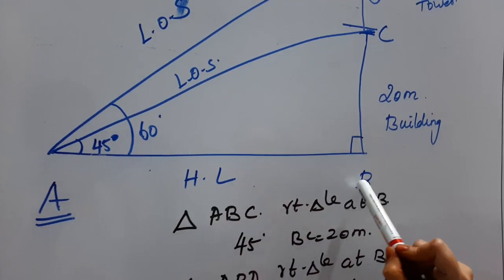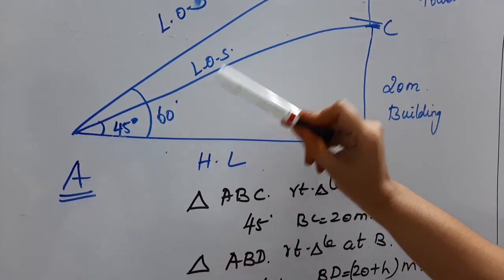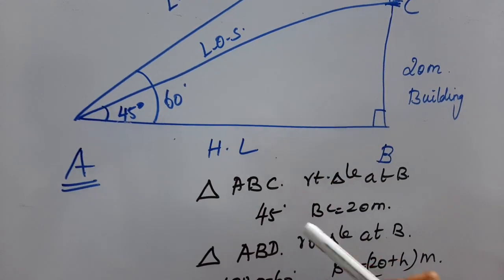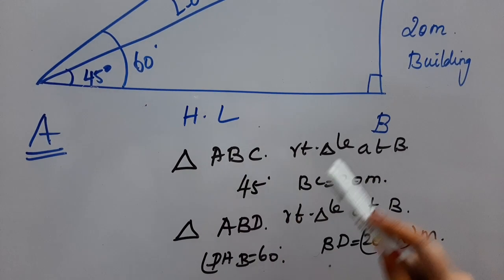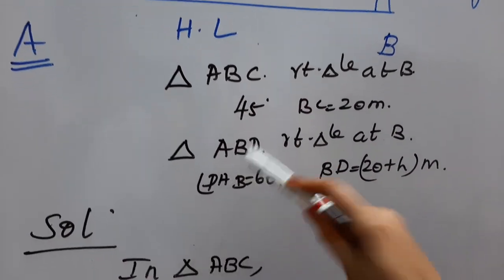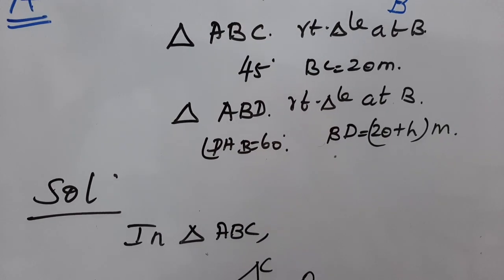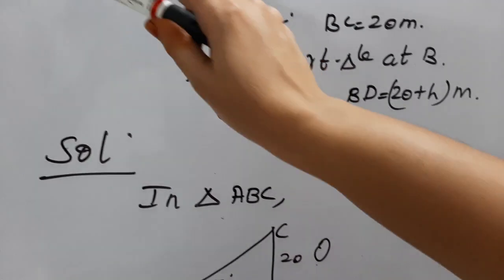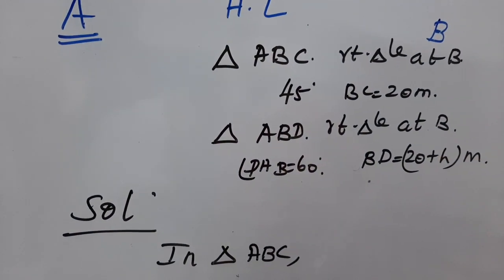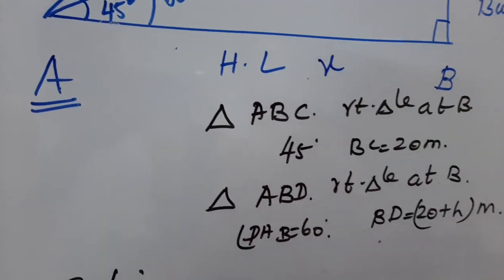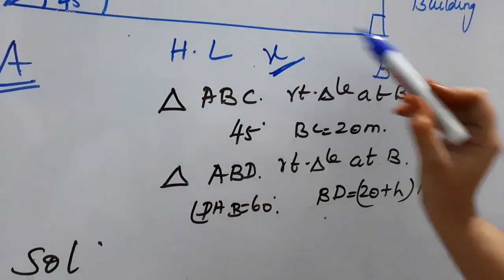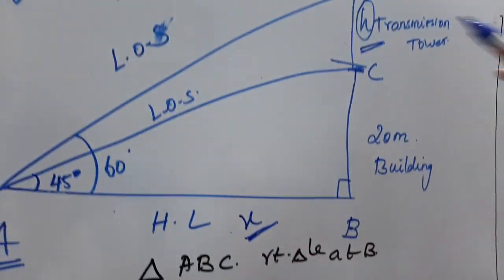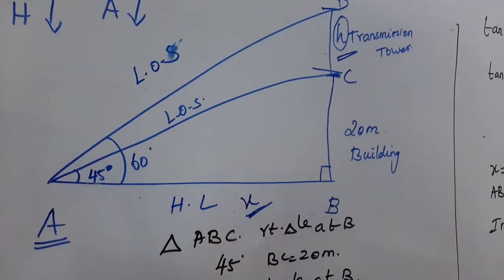We took AB as the horizontal level, 2 lines of sight and 2 angles we got. So we considered 2 triangles. First one is ABC, right angled at B, and second is ABD, right angled at B. Solving both the triangles, we got the value of AB. I considered AB as x since we did not know this value. First we calculated this, and then from the bigger triangle ABD, we calculated the height of the transmission tower.